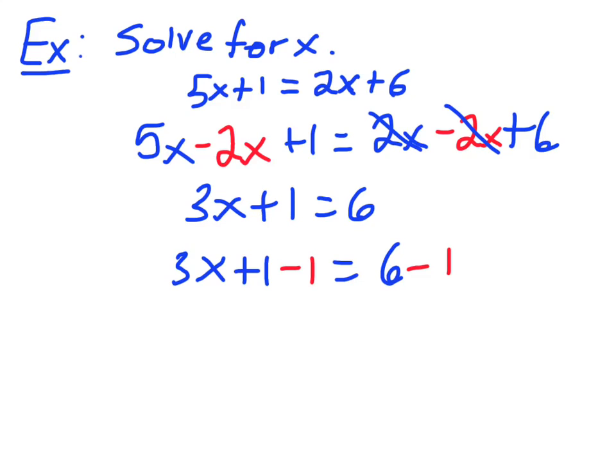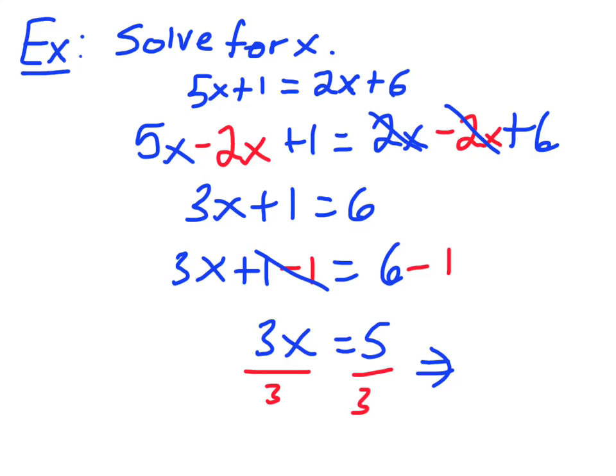Then that becomes 3x, these cancel, is equal to 5. Then I'm going to divide both sides by 3, because I have 3 times x and I want x by itself. Divide by 3, the inverse operation. I'm left with x is equal to 5 over 3.